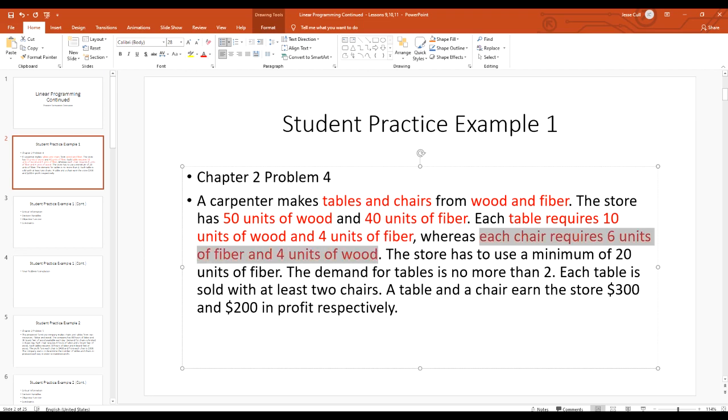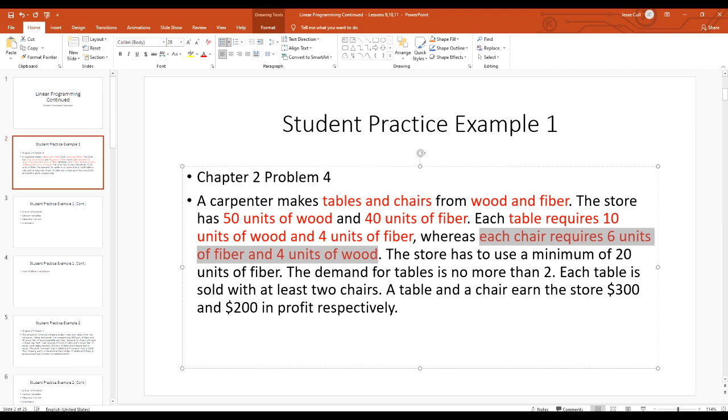So we see here again that from our limited supply, we are now using resources. And because we are using resources, we have limitations on how much we can use, and that will most likely impact our decision-making process.